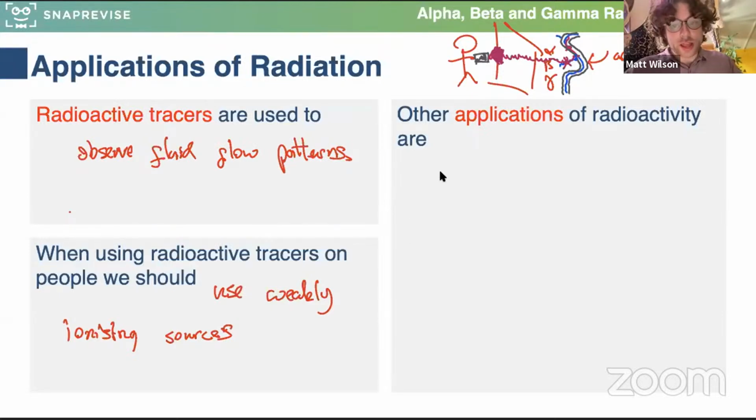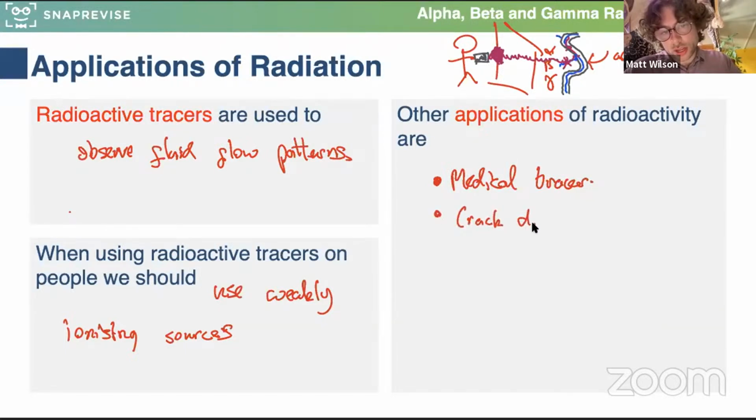Okay, so there are some other applications of radioactivity. So for instance, I'll write them in here as well. So we have medical tracers, as we saw before, just here. We have things like detecting cracks in pipes, so crack detection is pretty cool. But also, since radiation is the kind of thing that can cause damage, we can actually use it to kill bad cells in our body.